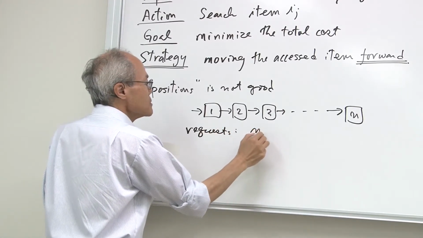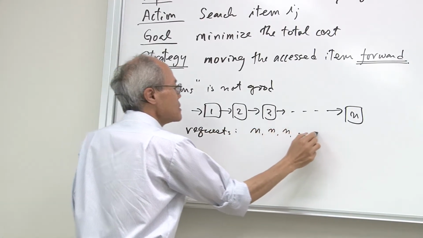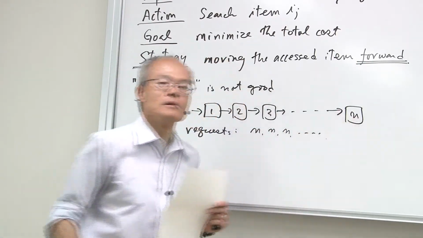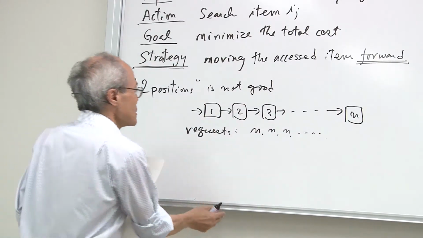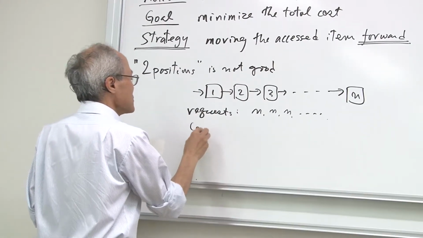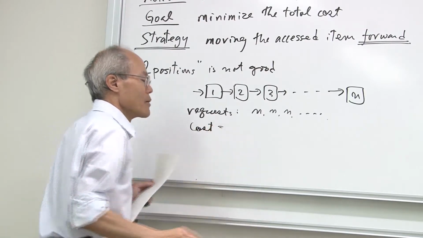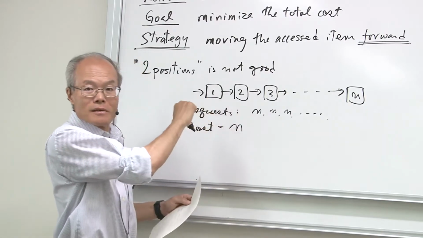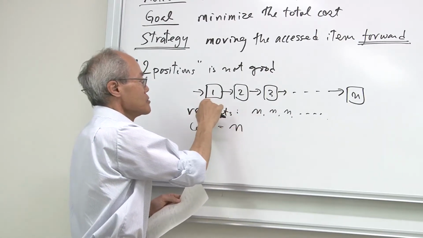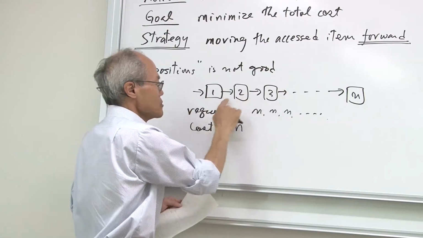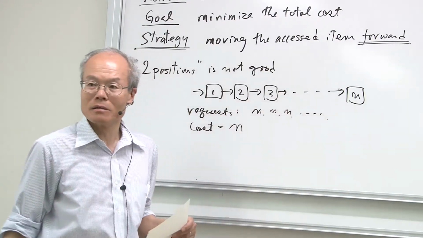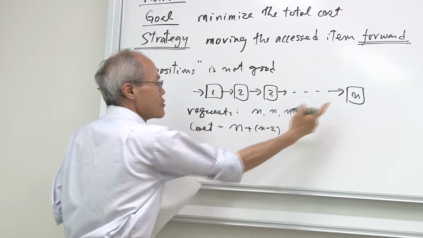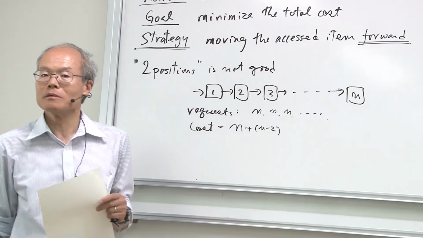Always the last item n. The request is always this guy. Then what is the cost? Our cost is n for the first request, because we need to move 1, 2, 3, up to n. This is the first cost, plus n minus 2 for each following request, because we moved 2 positions.